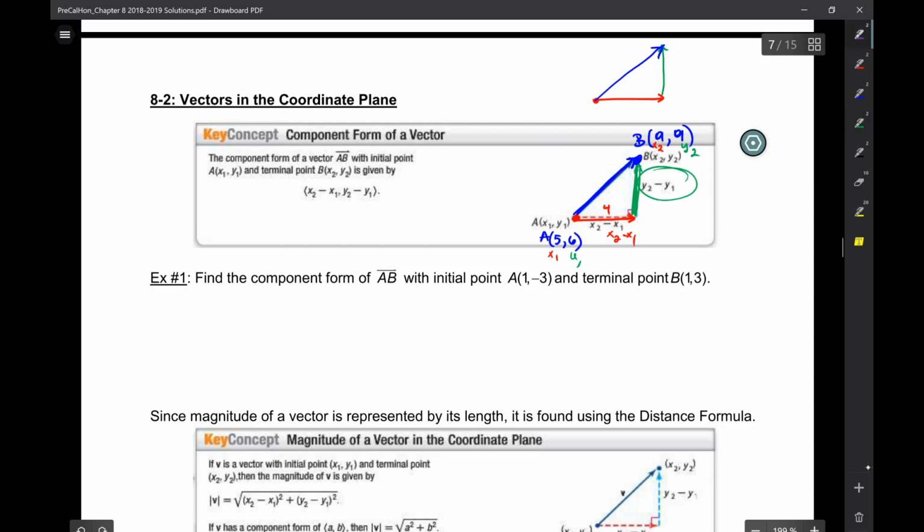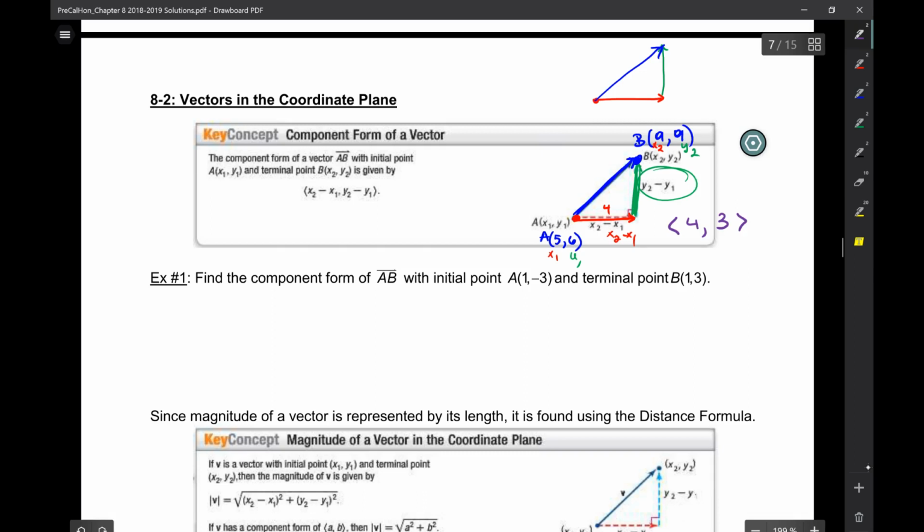So now, instead of saying go to the right 4 and up 3, if I wanted a more concise notation, one thing I could do is write 4, 3. But that looks like a coordinate point, or a whole bunch of different things. So if I wanted a notation unique to a vector, I could use a bracket that looks like that.